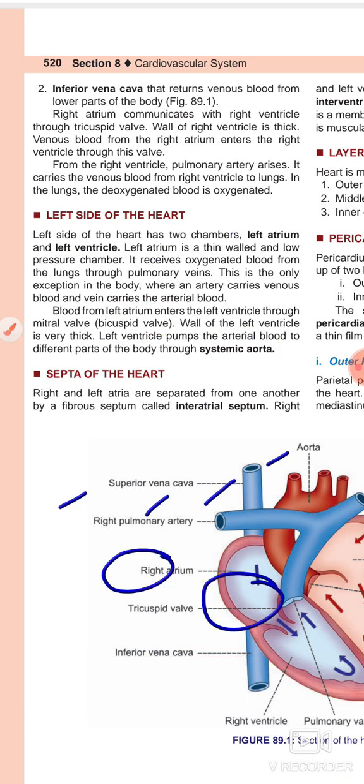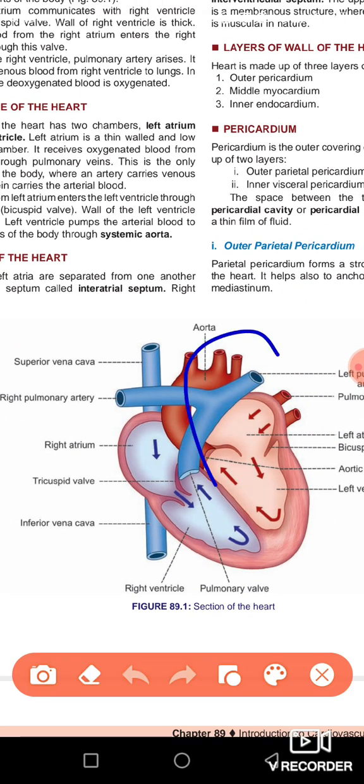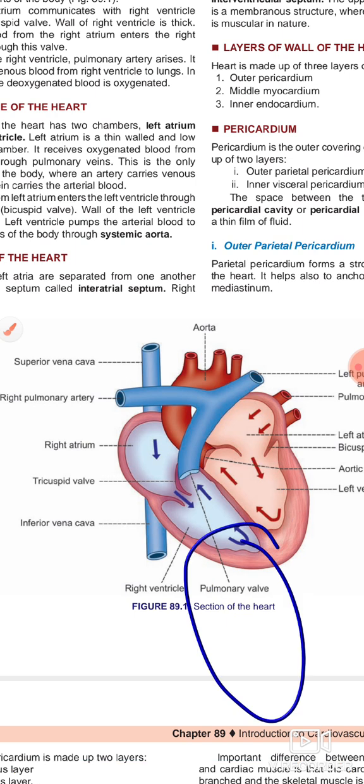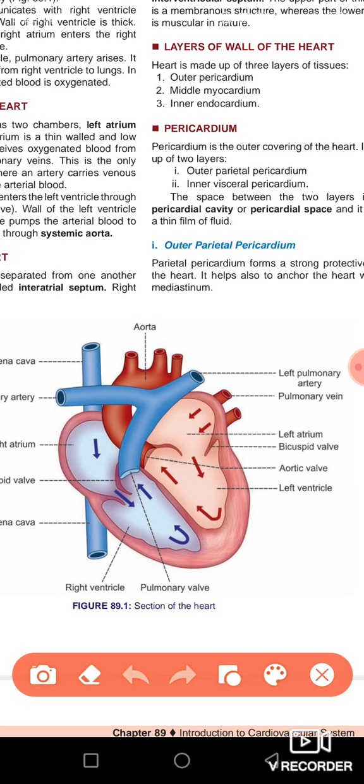As you can see here in the diagram, this is the left side of your heart, and these are the two pulmonary veins which are coming out of your lungs, from the right lung and the left lung.